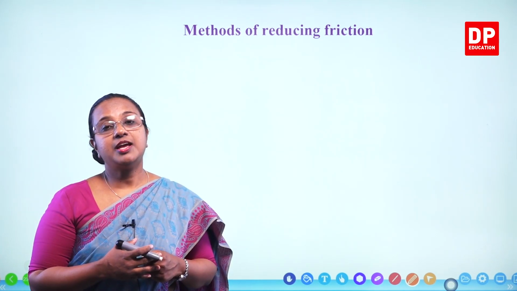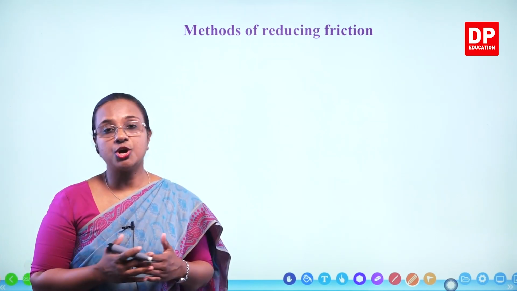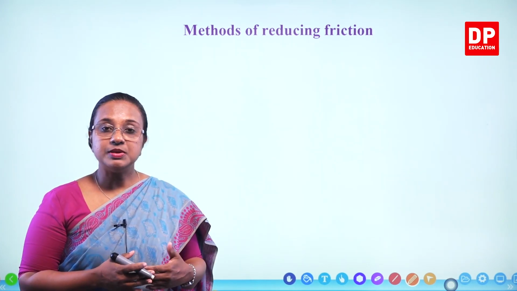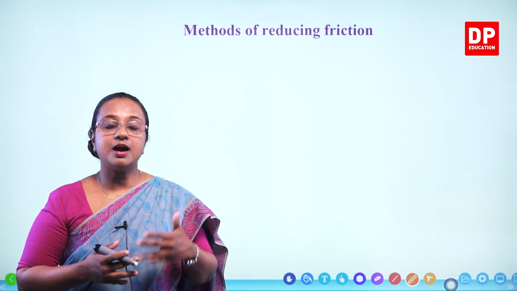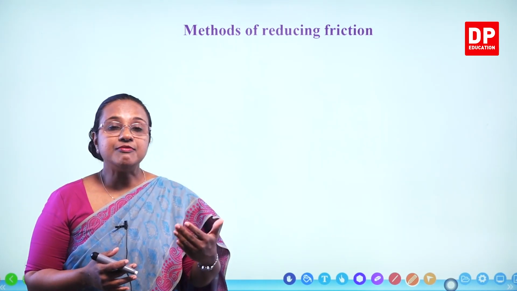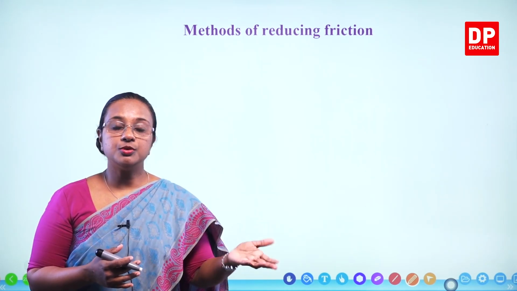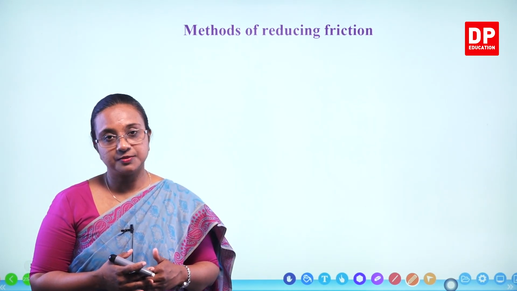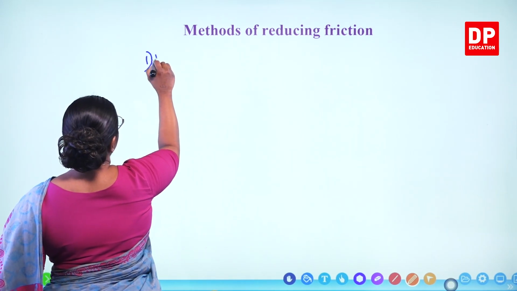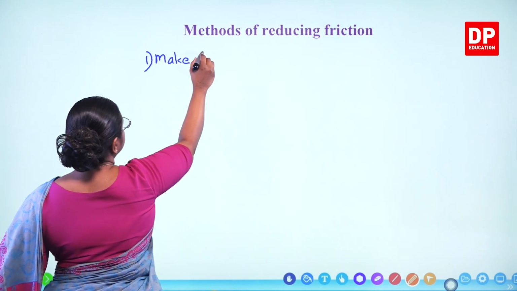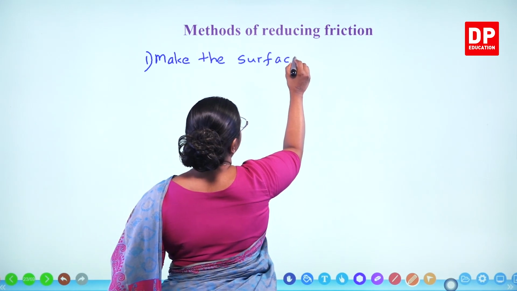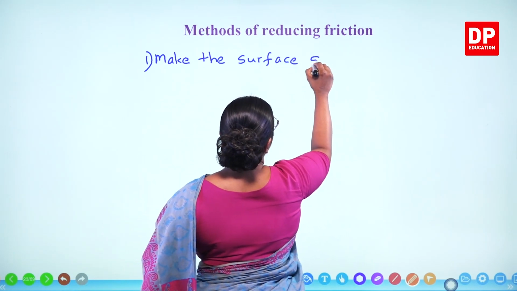The change that we can do is to the nature of the contact surface. As we discussed before, when the surface becomes smoother, the friction decreases. So if we can make the surface smooth, we can decrease the friction. So here the first method is to make the surface smooth.